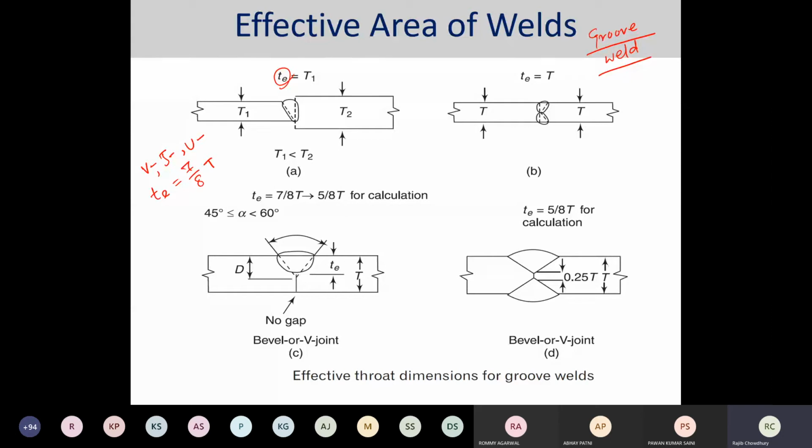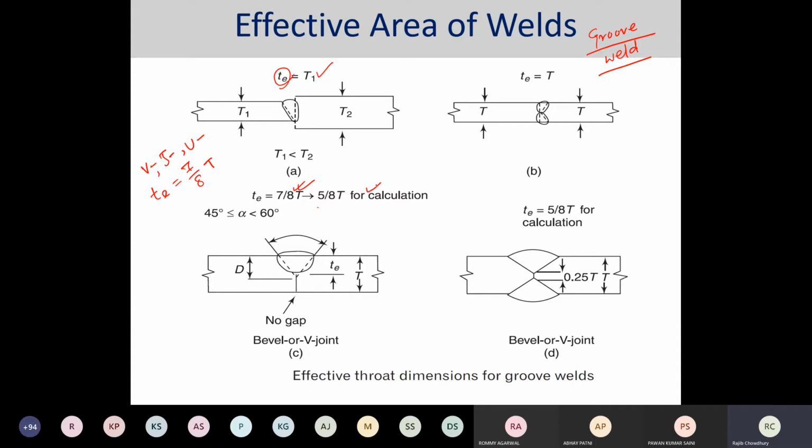In other different groove welding cases, it can be easily considered as the thickness of the thinner part. But here is one catch: this is what you have to specify in your drawing.